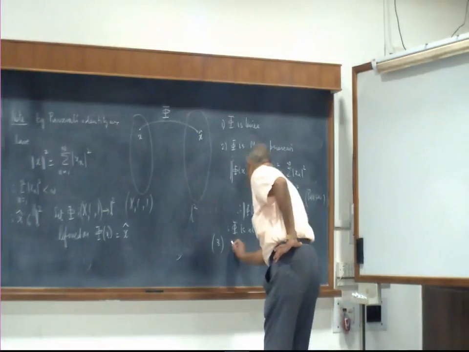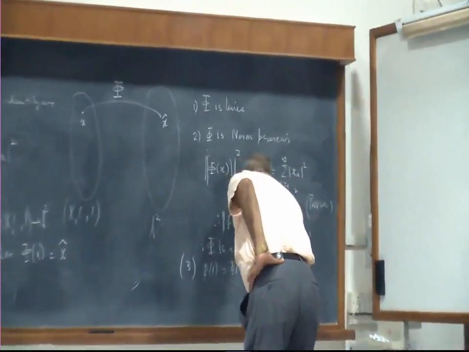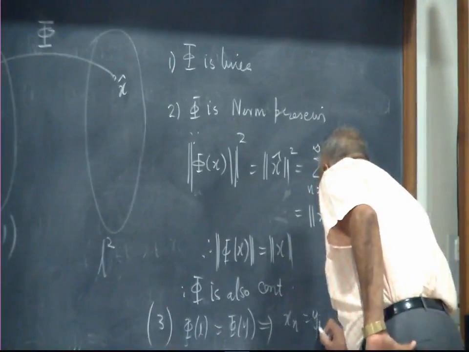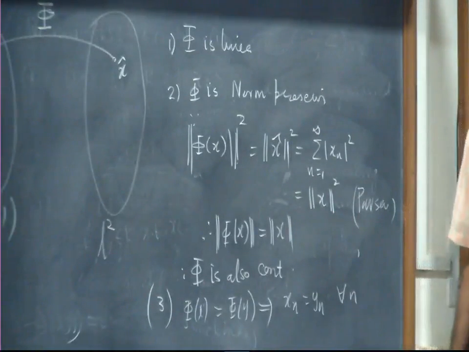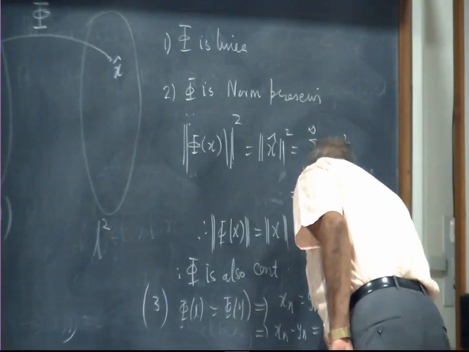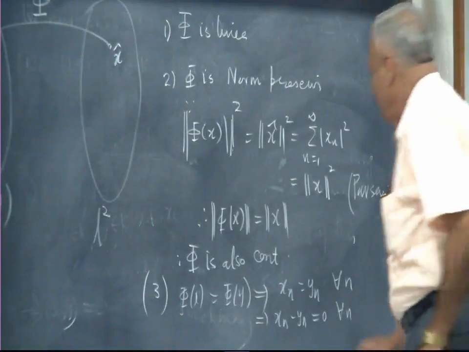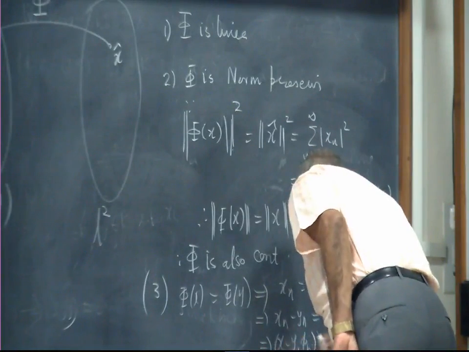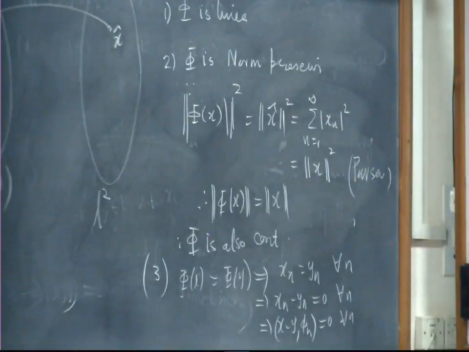So, phi x equal to phi y implies that x_n equals y_n for every n, which implies x_n minus y_n equals 0 for every n, which means the vector x minus y is orthogonal to phi_n for every n, because that is exactly what x_n minus y_n is.